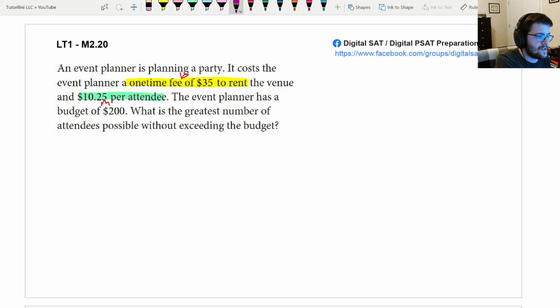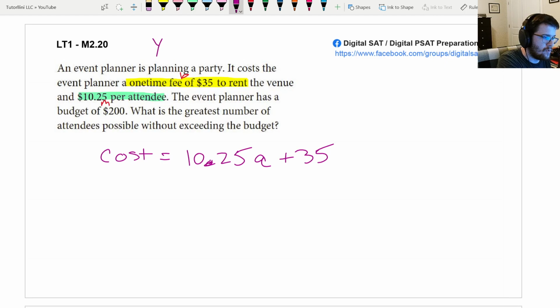So the cost is $10.25. Why don't I do A for attendees? So 10.25A plus 35. Remember, guys, y equals mx plus b. Very similar to I think it was the first problem in the video.